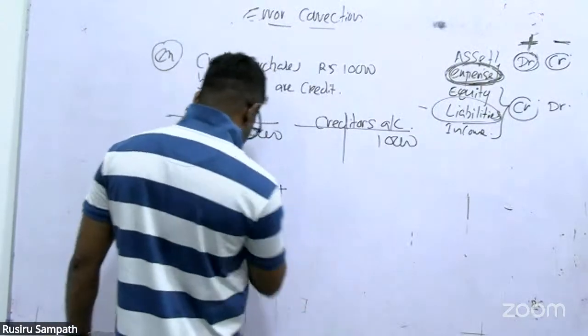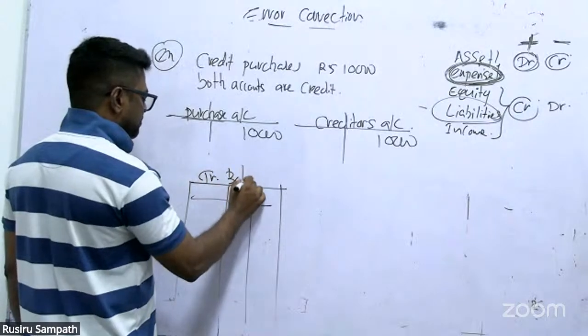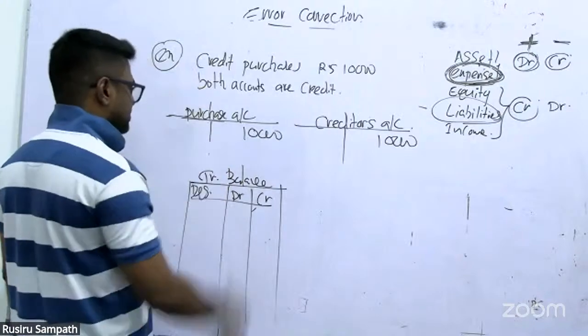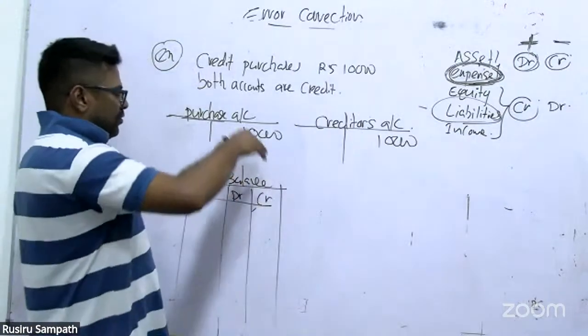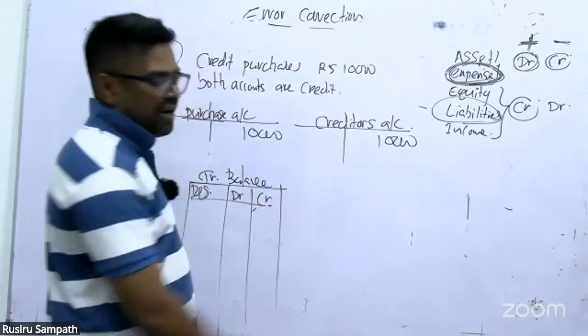Now, prepare the trial balance, with debit and credit columns and descriptions. All the transactions are recorded in the ledgers, and after that we record them in the trial balance.